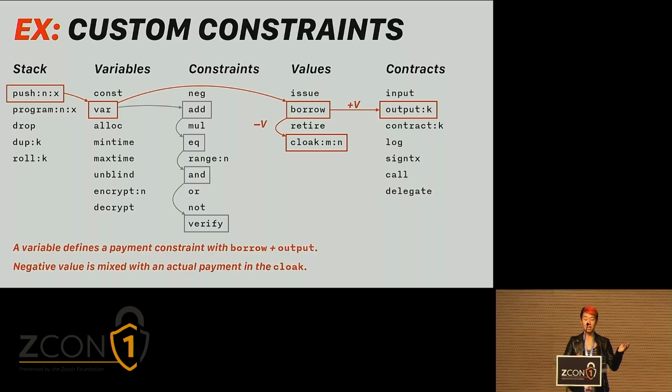And so you have Cloak taking in this negative value and also taking in the variable that was initially created and making sure that those two balance out. So that's an example of a whole workflow for making a custom constraint that spends an input, checks some constraints on them, and then creates an output.